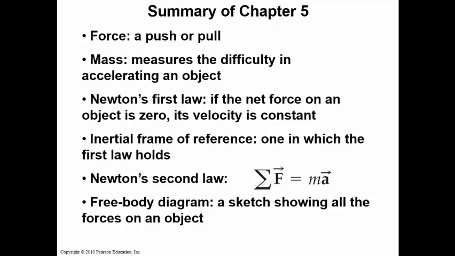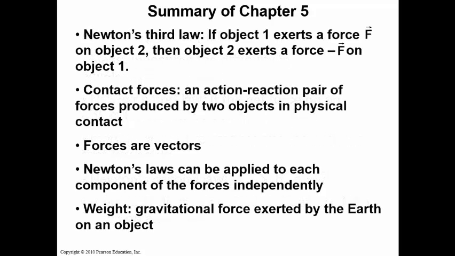We also learned about Newton's second law, F equals ma, and how to draw free body diagrams to solve F equals ma problems. We also learned that Newton's third law says that if object 1 exerts a force F on object 2, then object 2 exerts a force equal and opposite on object 1.